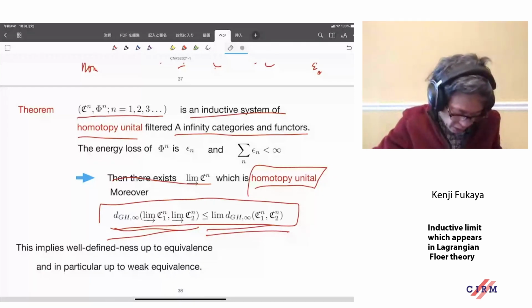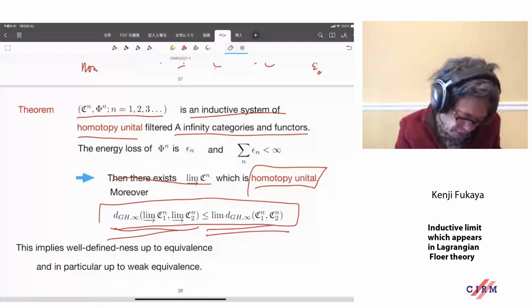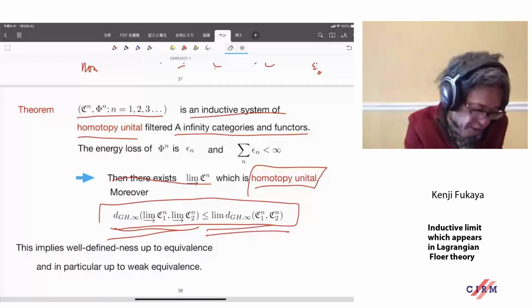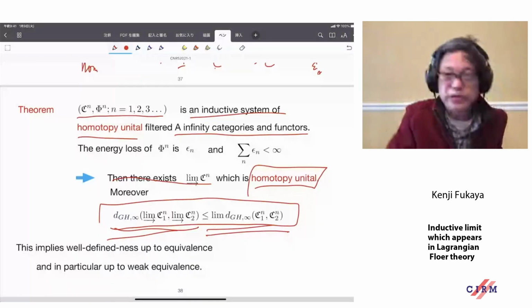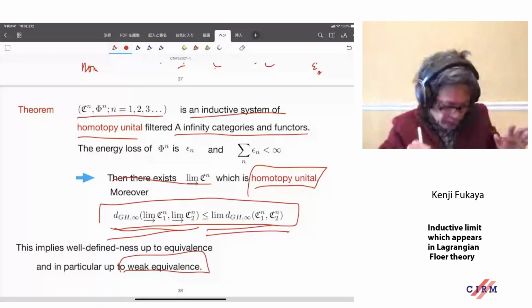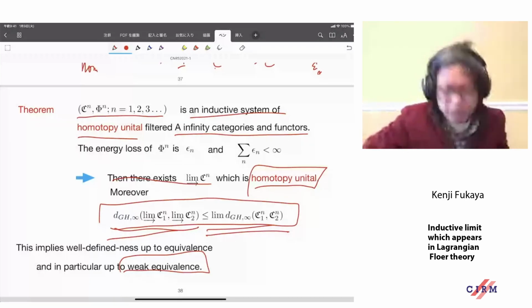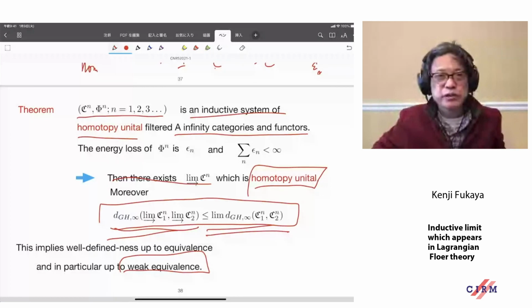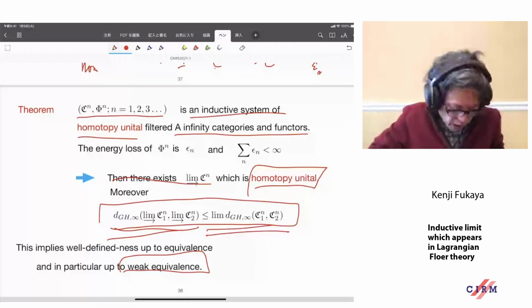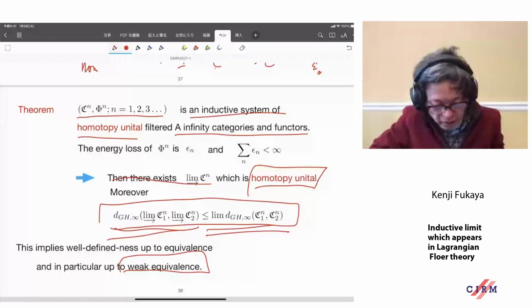But you know, equivalence implies weak equivalence, and the weak equivalence I can prove to be an equivalence relation. So certainly this one is an equivalence. So this gives a proof of the well-definedness of the inductive limit up to weak equivalence. So this is all I want to say. Thank you very much for listening.